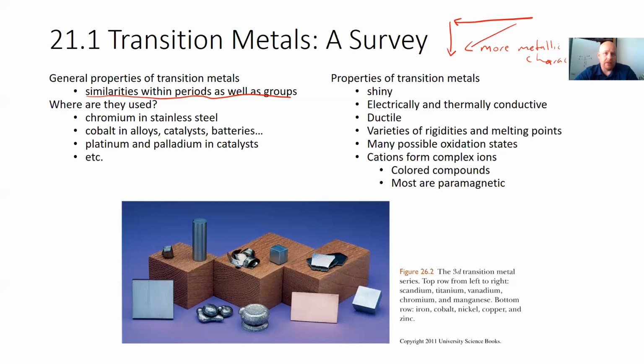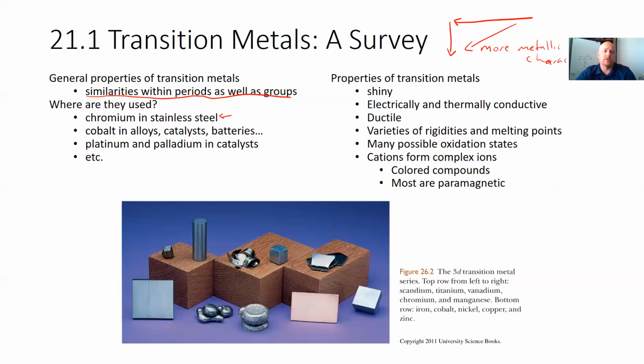But there are other compounds out there that become more and more important to us as we start to understand where they're used. For example, chromium is used in stainless steel, and there are a variety of other compounds used in stainless steel to help provide desirable redox properties to the iron.